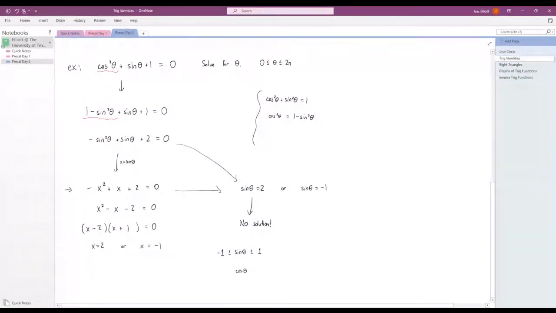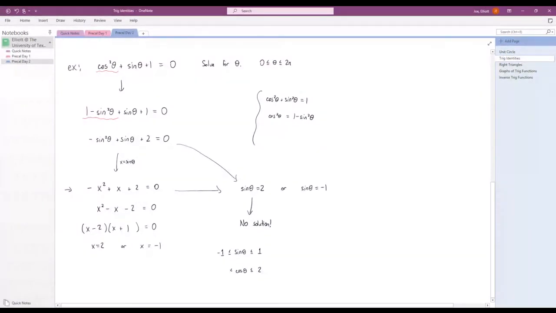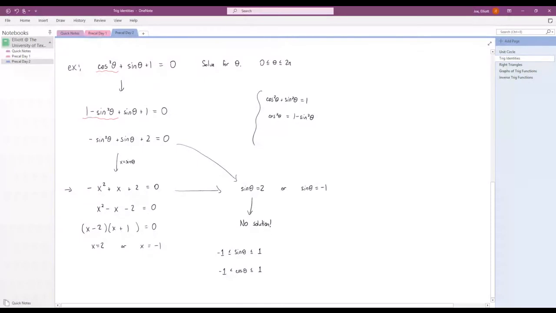They can never achieve a value beyond this range. So because sine theta can never go past a value of 1, it's not possible for sine to ever be equal to 2. Hence we say no solution, okay?